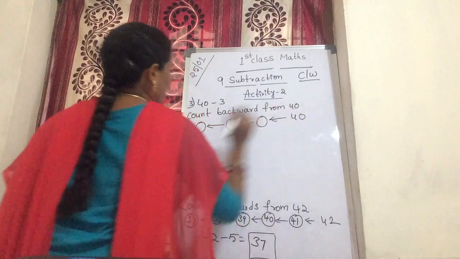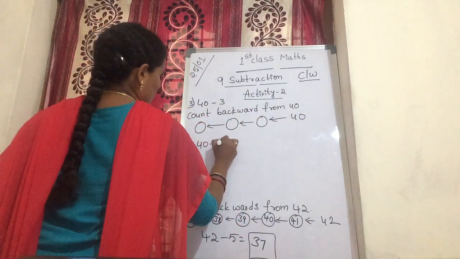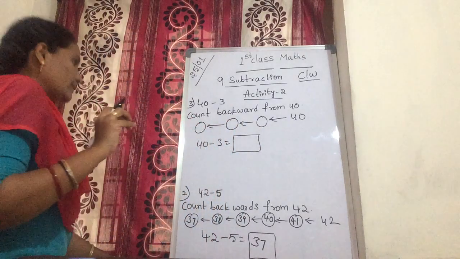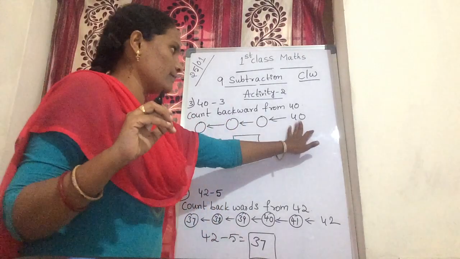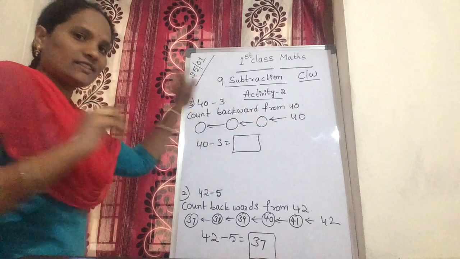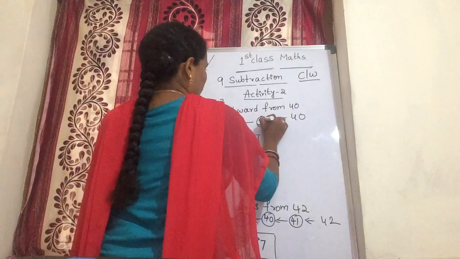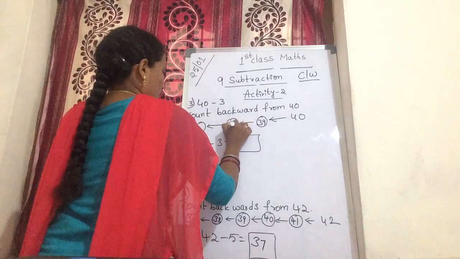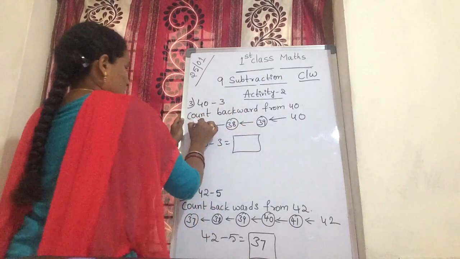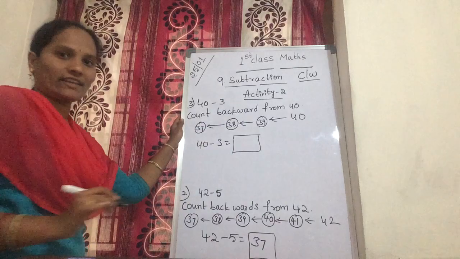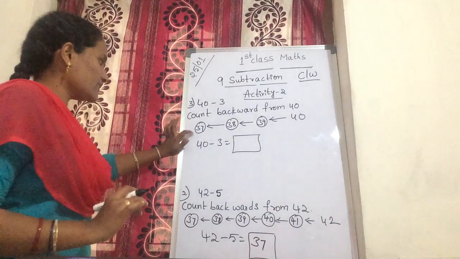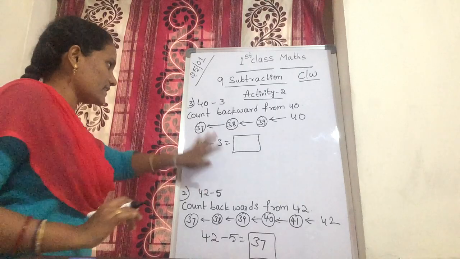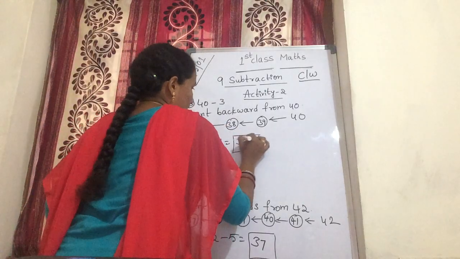Where you will start, Amma? From 40. 40 before 39. Now 39 before 38. Now 38 before 37. So what is your answer, Amma? 37. You get how much? 37. So 40 minus 3 you get 37.